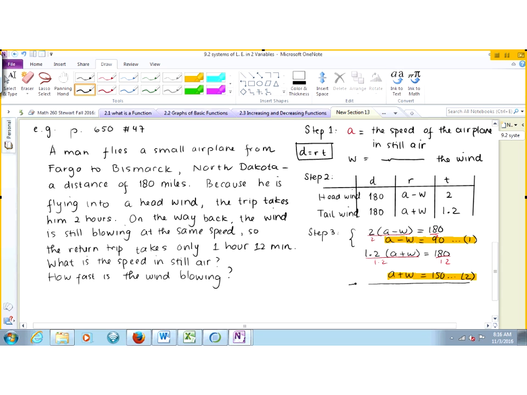So we eliminate W. If I add these, what do I have? 2A is 270, A is 134. What is W? Wait, is that right?